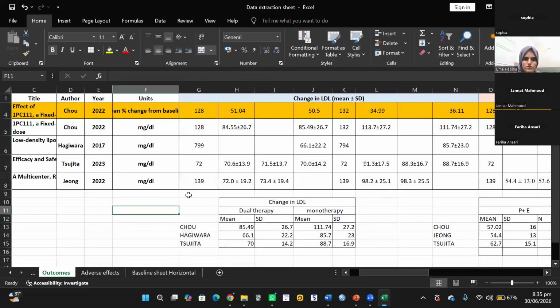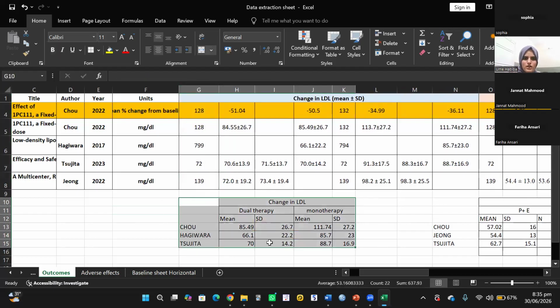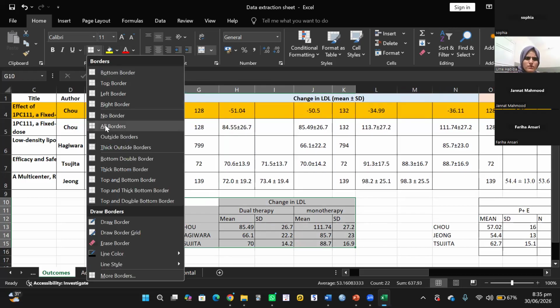Right, looks better. I'm going to outline this as well. This is all optional, but I just like to do it.